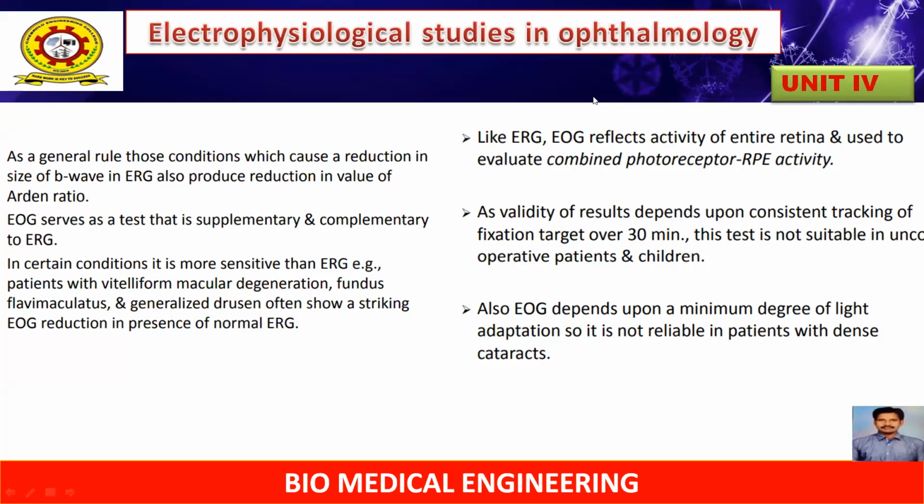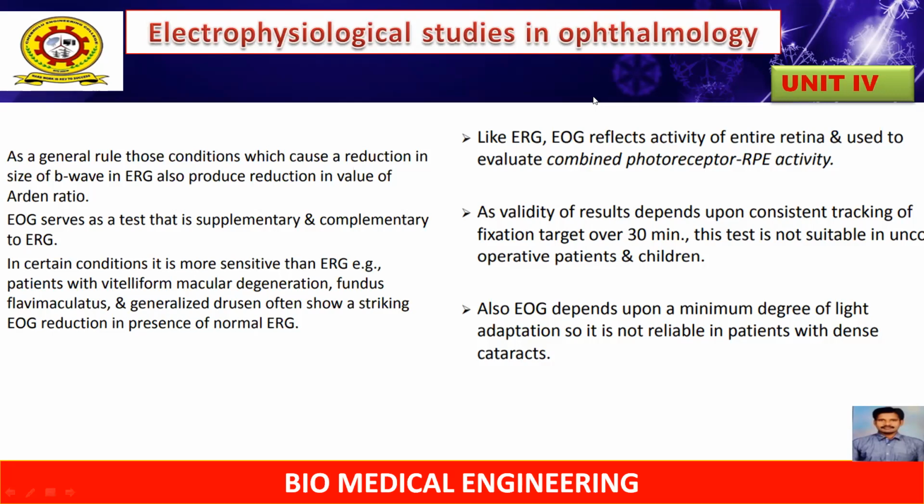Why? Because later, along with EOG, we have ERG. Compared to ERG, which is the supplementary test, in certain conditions EOG is more sensitive than ERG. For example, if the patient has muscular movements, or is in a very sensitive condition, the doctor prefers EOG.